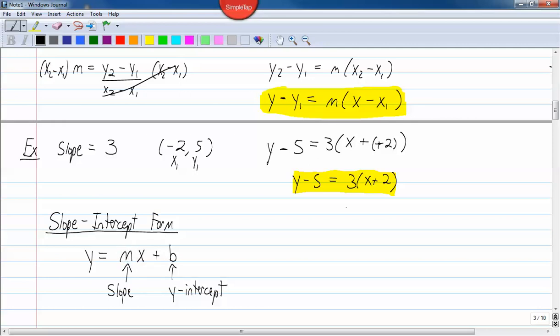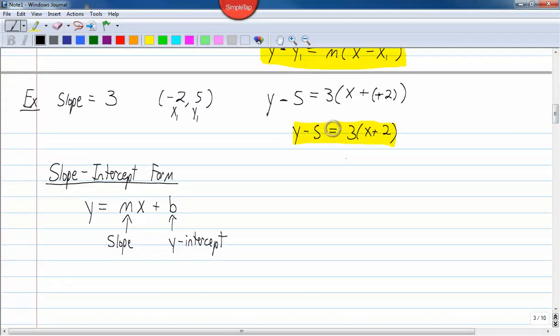Alright? So for this problem that I just worked out, what if the problem would have said write the equation of a line in point slope and slope-intercept form? The way that you put the point slope into slope-intercept form is multiply out the right side and then make it y equals.